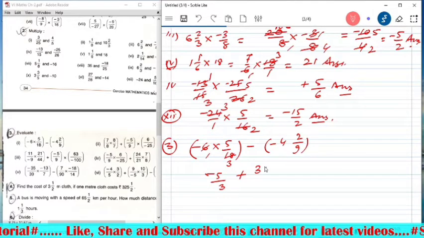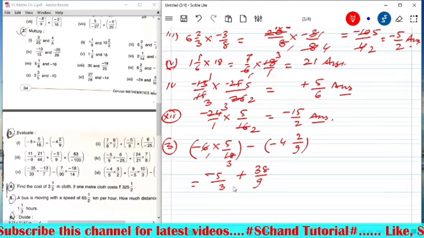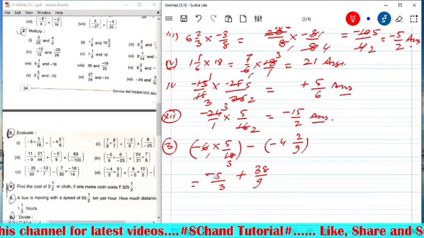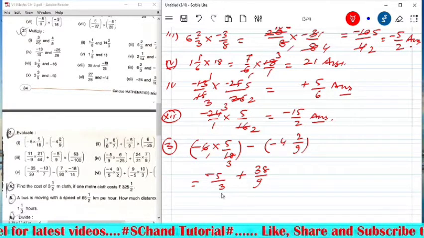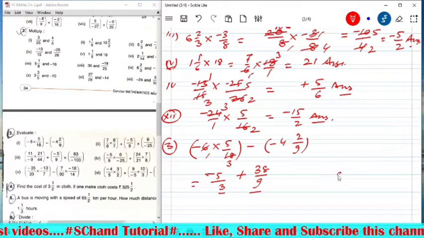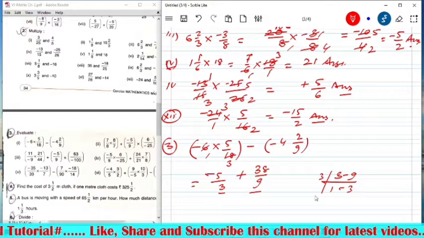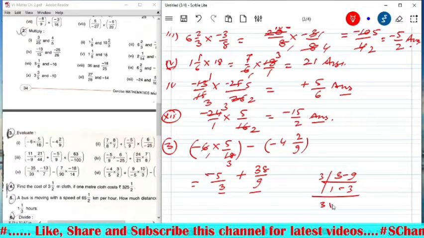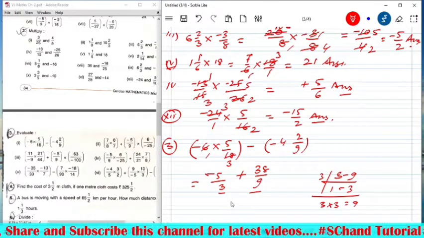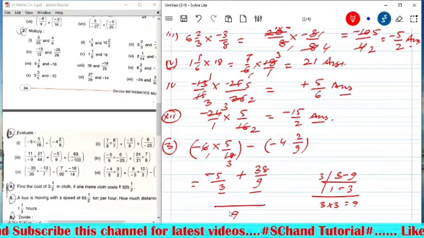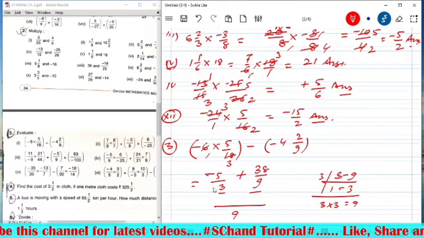So here these two are in addition now, right? Here is the minus sign, so we have to take the LCM of 3 and 9. 3 and 9, the LCM will be 9. 3 into 3 is equal to 9. So LCM is 9. 9 divided by 3, 3.